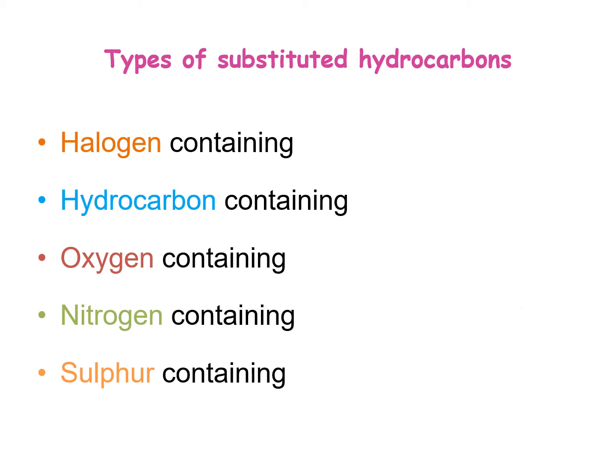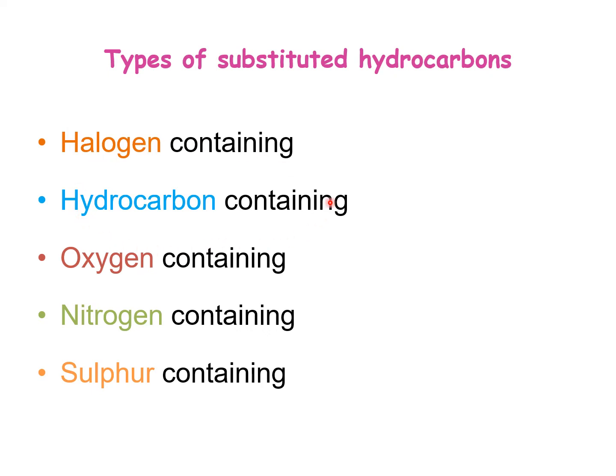As we will learn different benzene derivatives, students are advised, after understanding each structure, to place them into these categories. You can segregate all the structures and see how many halogen containing derivatives you have.